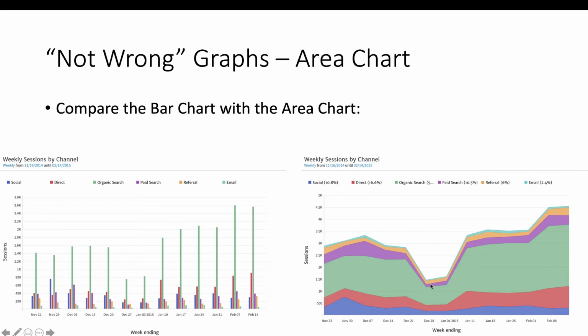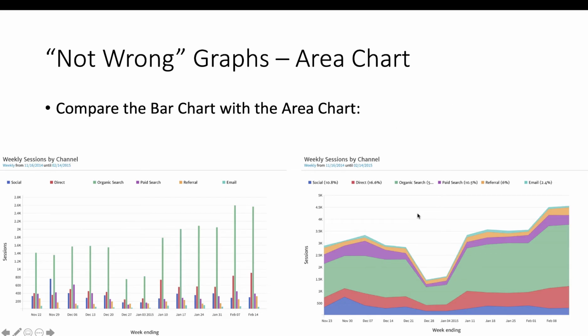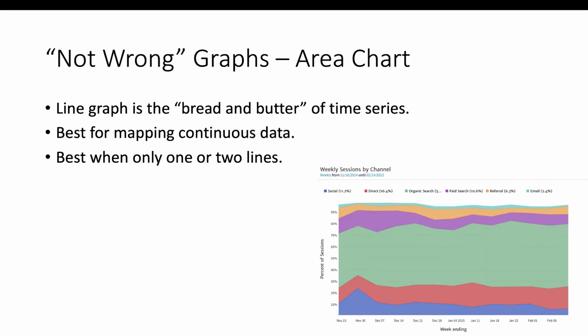So it goes down a little bit here, but how it goes back up, and then how that green compares with the purple, orange, and blue. Anyway, it's much easier to interpret even this one, but certainly this area chart, than it is to interpret this line chart, right?